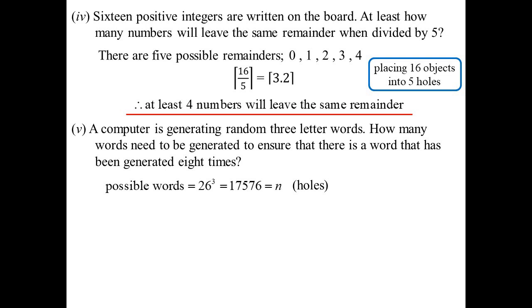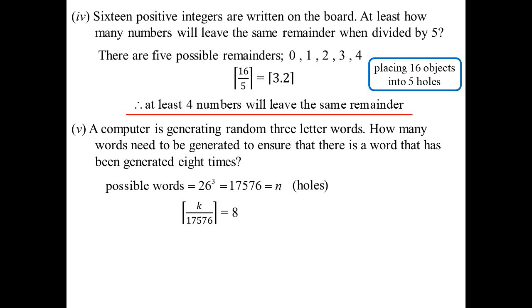Well, the number of possible words would be 26 cubed, because 3 letters, 26 by 26 by 26. So that is going to be n. They're our pigeonholes, so we have 17,576. Every time we generate a word, we put it in one of those pigeonholes. So we're looking for the K where K divided by 17,576, the ceiling function, will give us an answer of 8.